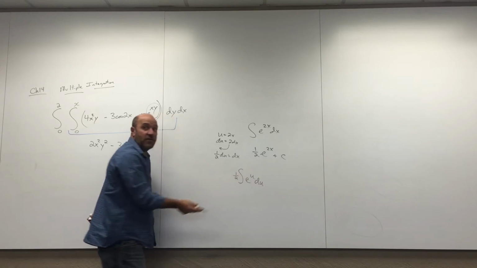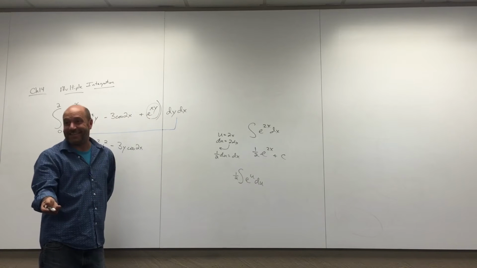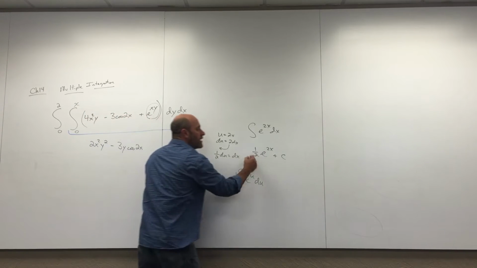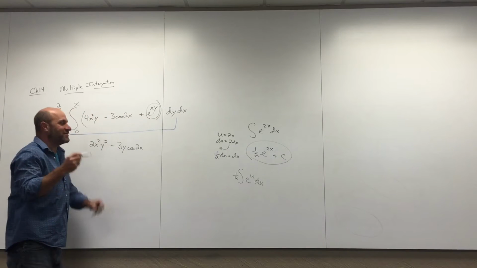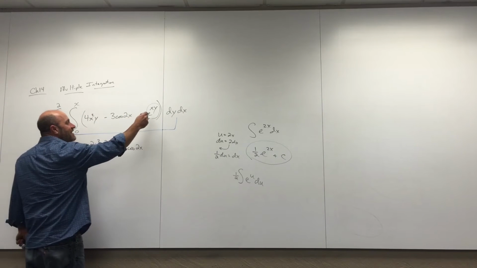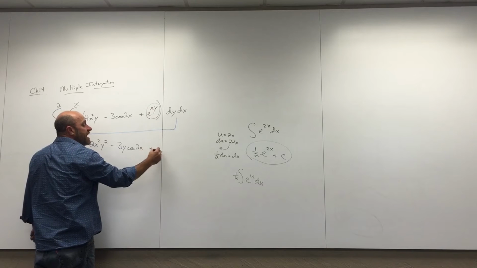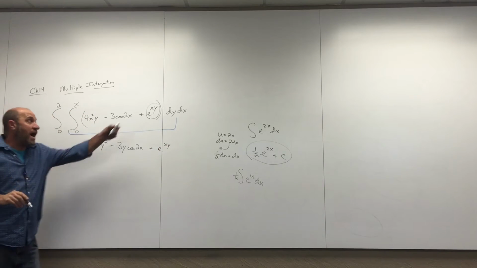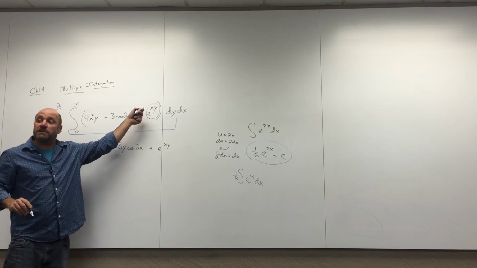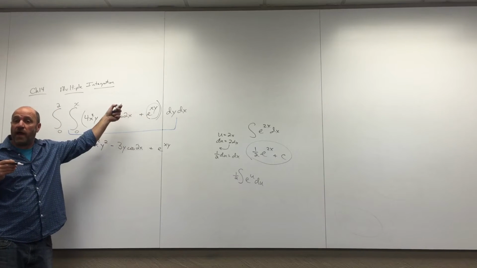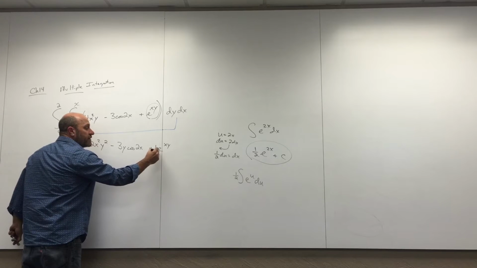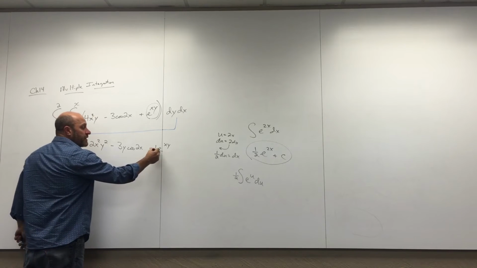When you integrate e to the u, the answer is e to the u with a 1/2 out front, which is what we said. So for e to the xy, the variable was y. The x was treated like a constant, so it spits out a 1 over x. All right, that's awesome.